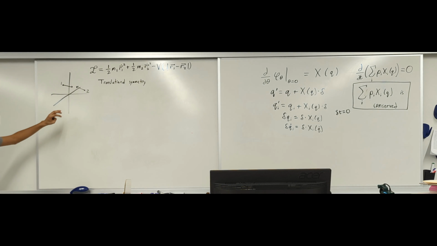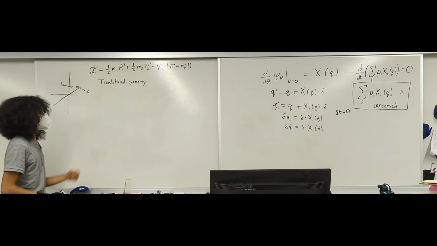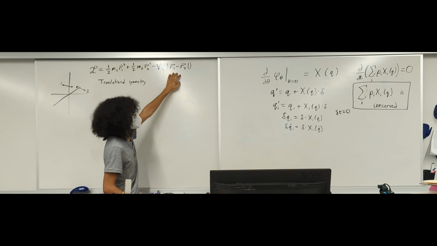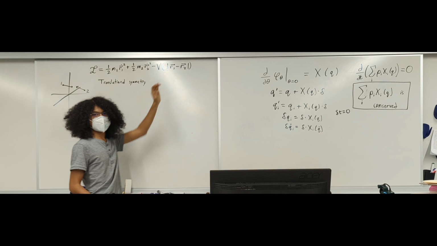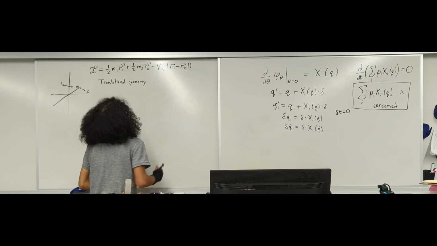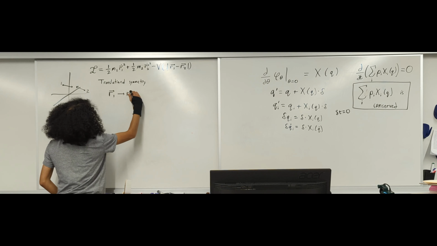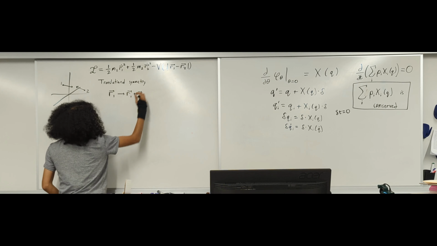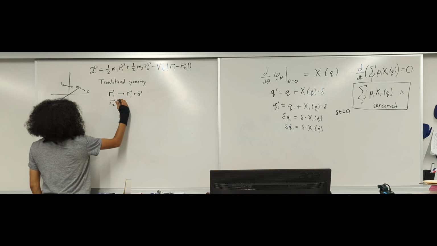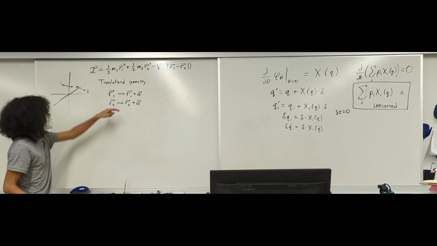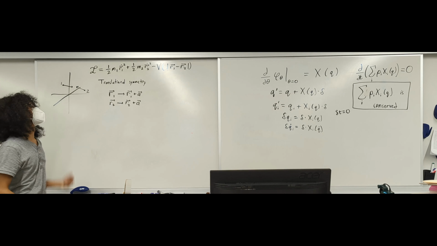And first of all, let's say why there is a translational symmetry. The translations preserve the differences between vectors, right? So if we go from r1 to r1 plus some constant vector A, and r2 to r2 plus A, the differences between these two will be the same because the A's cancel.